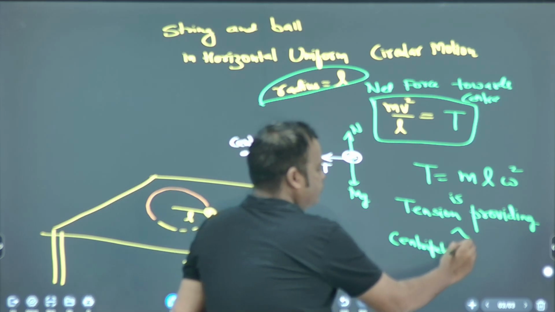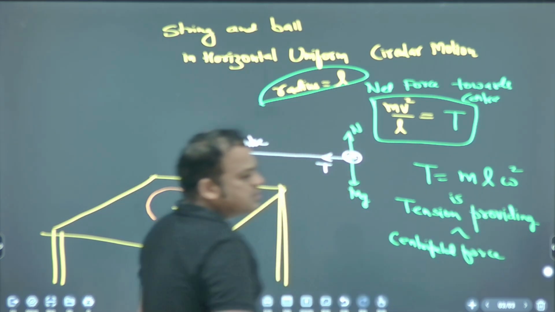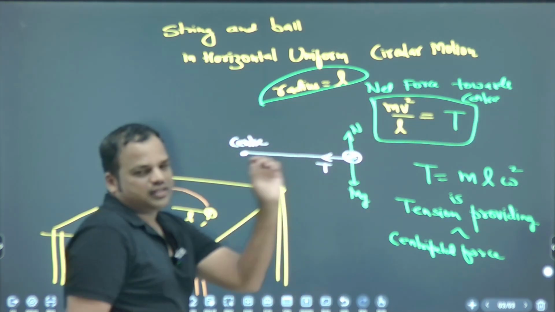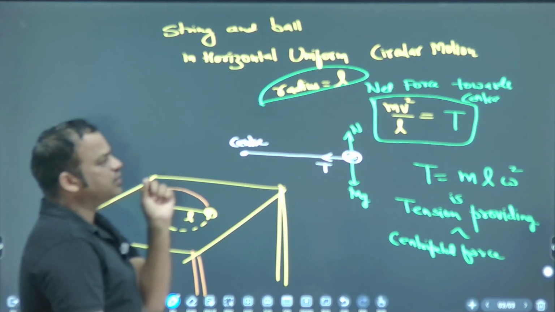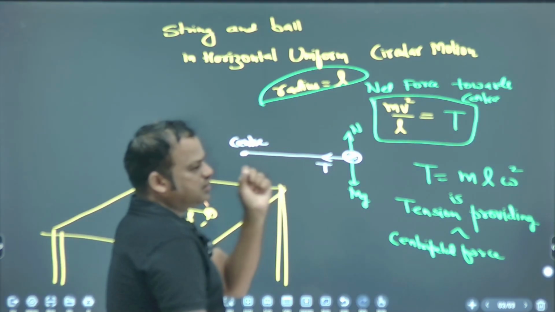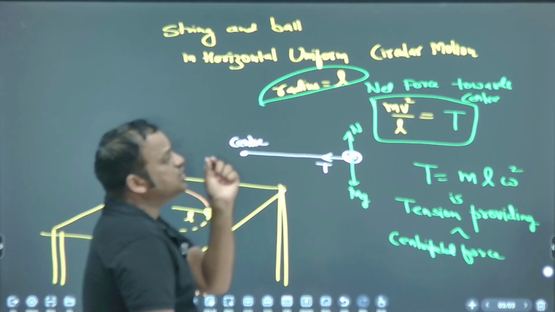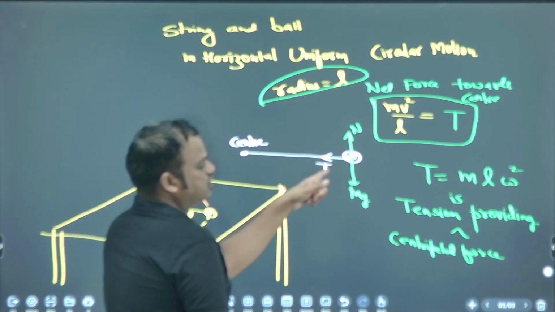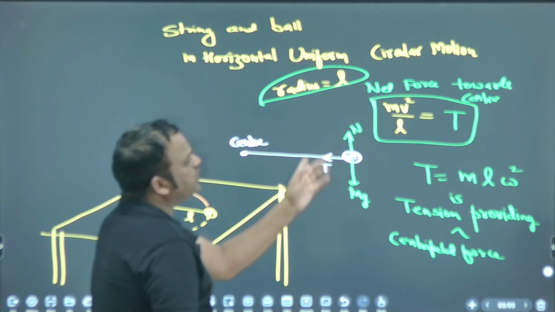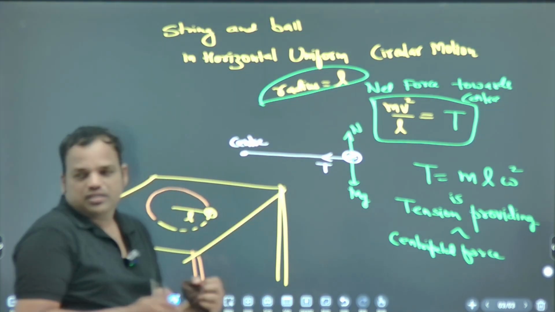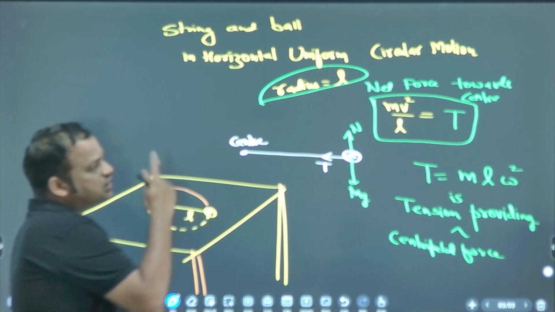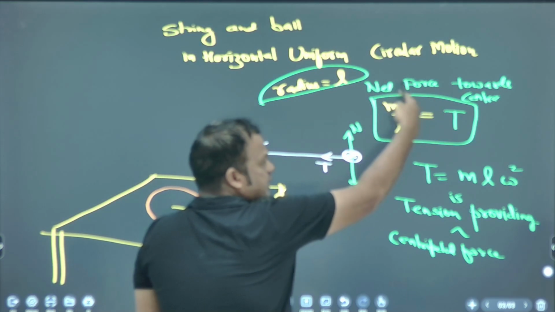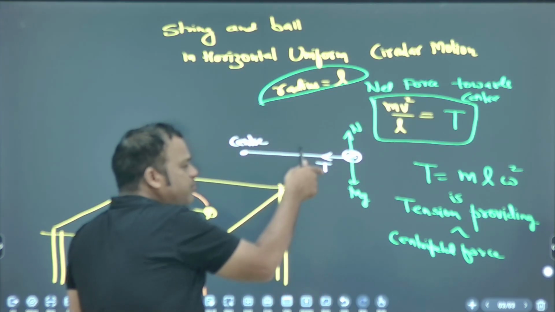What is centripetal force? It is a net force towards the center. That is a general term. But what is the actual force here? The real force here is tension. So tension is acting as the centripetal force. In general, net force towards center is centripetal force, but here that centripetal force is tension.